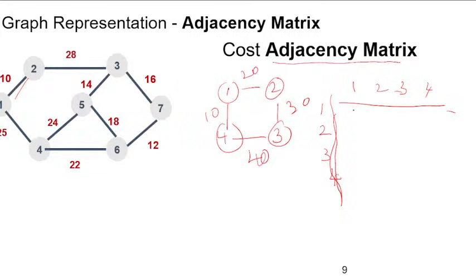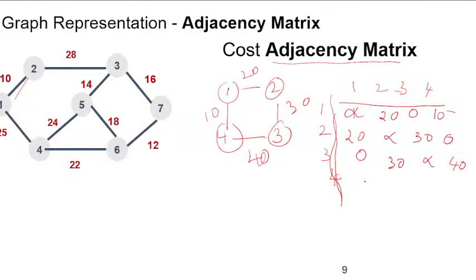So 1 to 1, infinity. 1 to 2, 20. 1 to 3, 0. 1 to 4, 10. 2 to 1, 20. 2 to 2, infinity. 2 to 3, 30. 2 to 4, 0. 3 to 1, 0. 3 to 2, 30. 3 to 3, infinity. 3 to 4, 40.